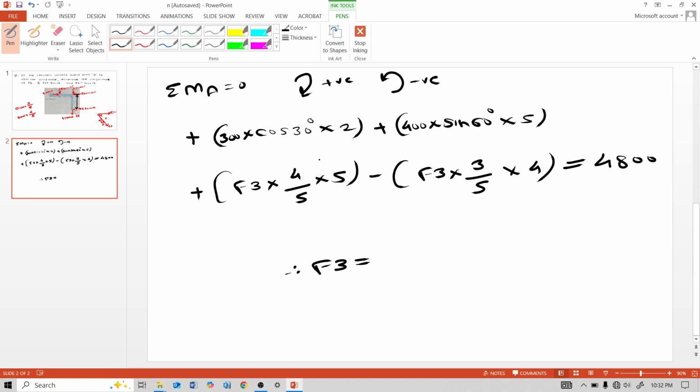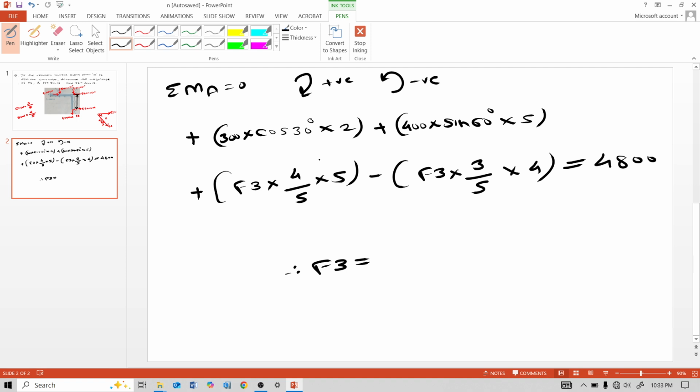So calculate it: 300 into cos 30 degree into 2, plus 400 into sin 60 degree into 5, plus F3 into 4 by 5 into 5, minus F3 into 3 by 5 into 4, equal to 4800.